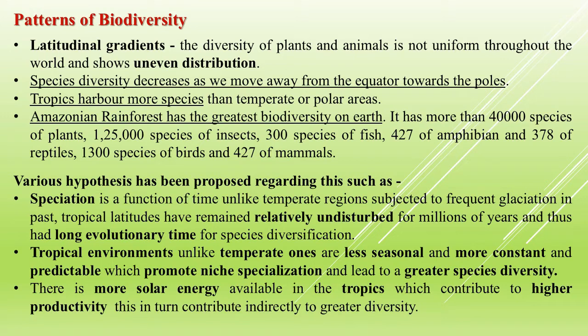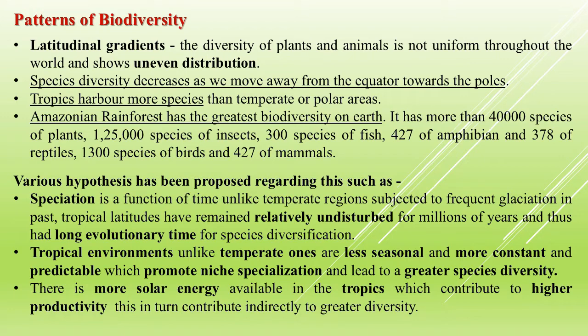And if we consider the tropical and the temperate region, we find that in the tropical region the species diversity is more compared to the temperate region. Tropical regions like the equator have up to 10 times as many species as the temperate region.